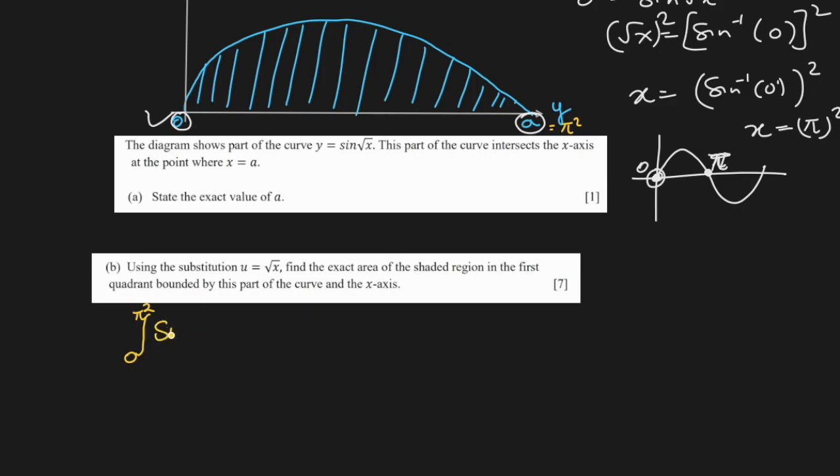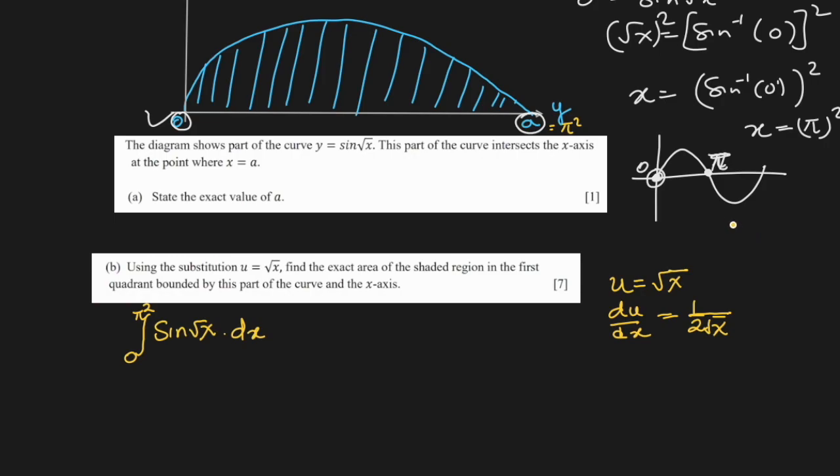Of sine square root x dx. They said use the substitution u equal to square root x. Let's do it. U equal to square root x. So what is du over dx? The differentiation of square root x is 1 over 2 square root x.